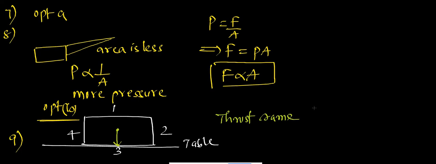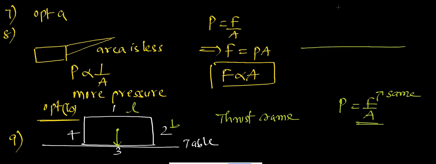Same thrust is correct, same pressure is wrong because pressure is F by A. F is same, but all the sides of a rectangle do not have the same area. Breadth is less, length is more. When you keep the block like this, area of contact is less here, so pressure will be more. When length is kept on the table, pressure is less. Force is same, but pressure is different.